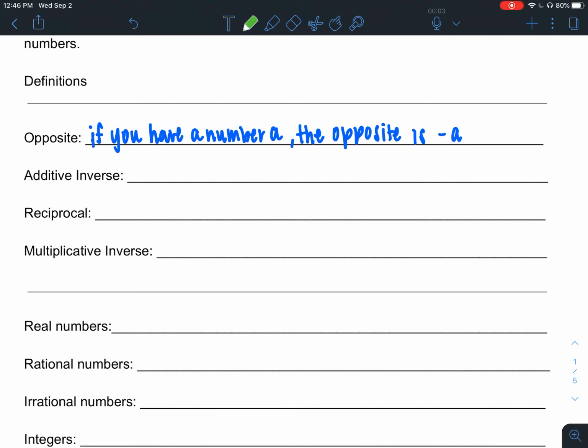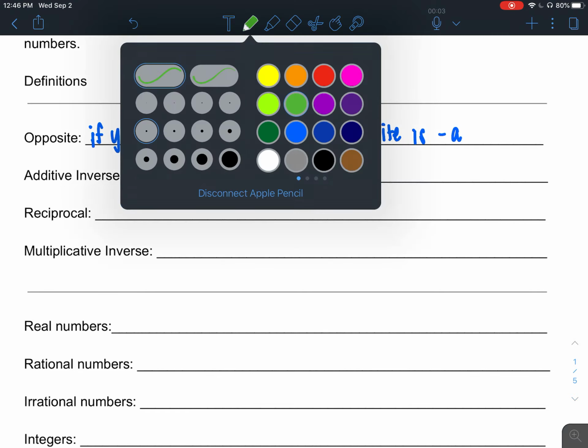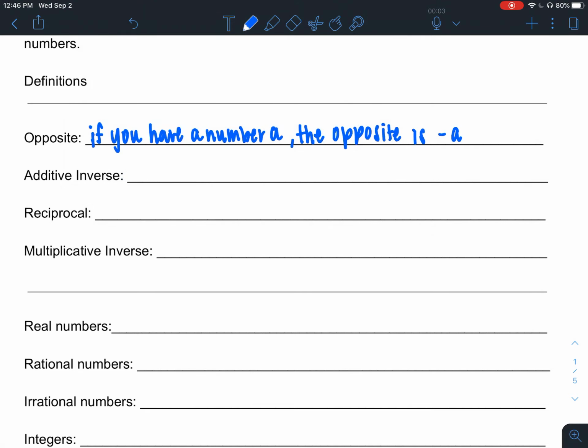For example, for this, I might write A, negative A. But for some of you, you might not know what that means if you were to go back later and look at it. So write down everything you need to if it's going to be helpful for later, because that's what the notes are for.